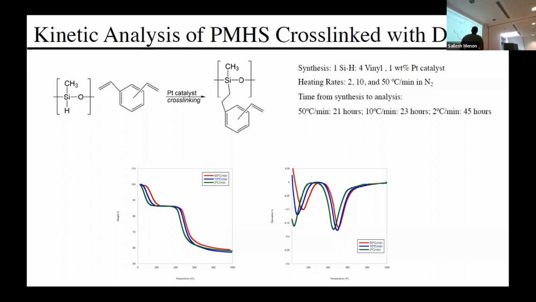Something very important when doing kinetic studies with a catalyst is that the time from synthesis to analysis must be identical. For 50 degrees Celsius per minute, my analysis occurs 21 hours from synthesis. For 10 degrees Celsius per minute, it occurs at 23 hours, and for 2, after 40 hours, which I keep constant.